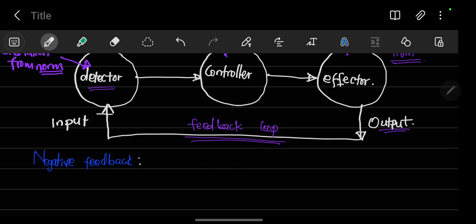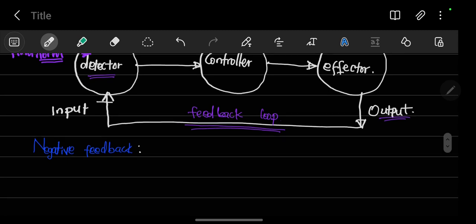This one is a homeostatic control mechanism where a deviation in the parameter of a tissue or the tissue fluid or blood sets up a series of events which correct and bring about the deviation to the norm.